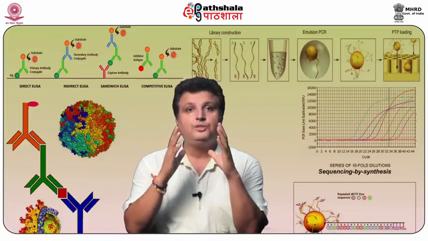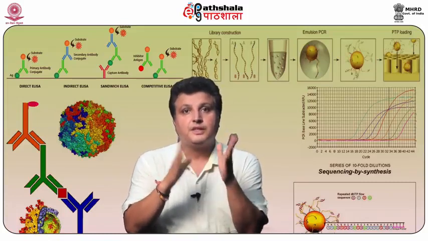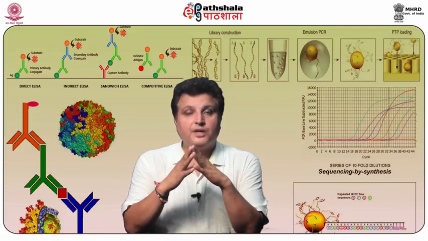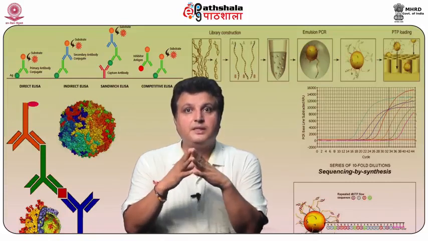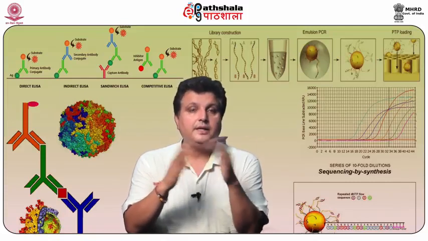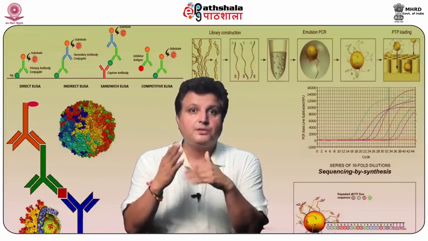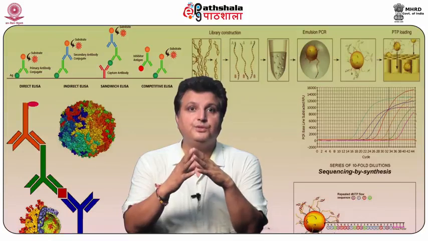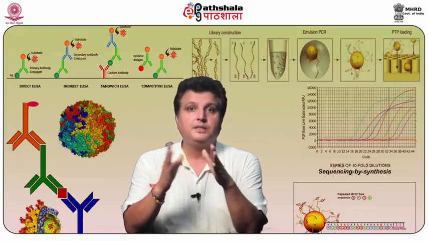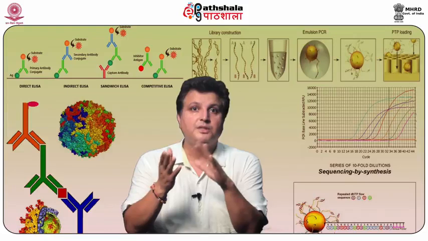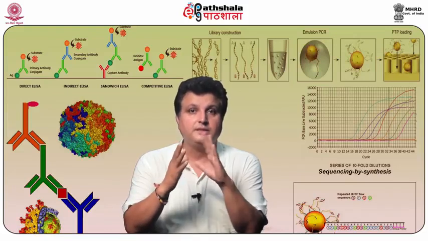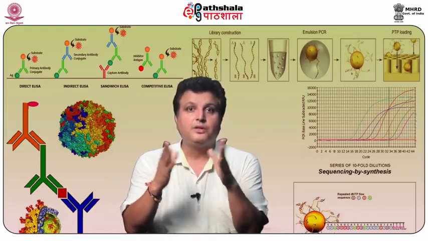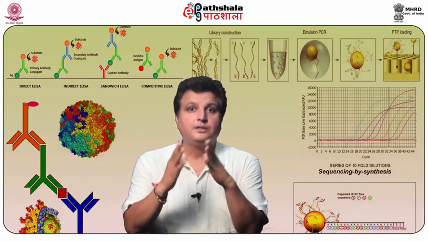Now, how can these proteins be detected with the help of antibodies? We can call these immunoassays. Antibodies to particular proteins or to their modified forms have been used in biochemistry and cell biology studies. The enzyme-linked immunosorbent assay, that is ELISA, has been used for decades to detect and quantitatively measure proteins in a sample.